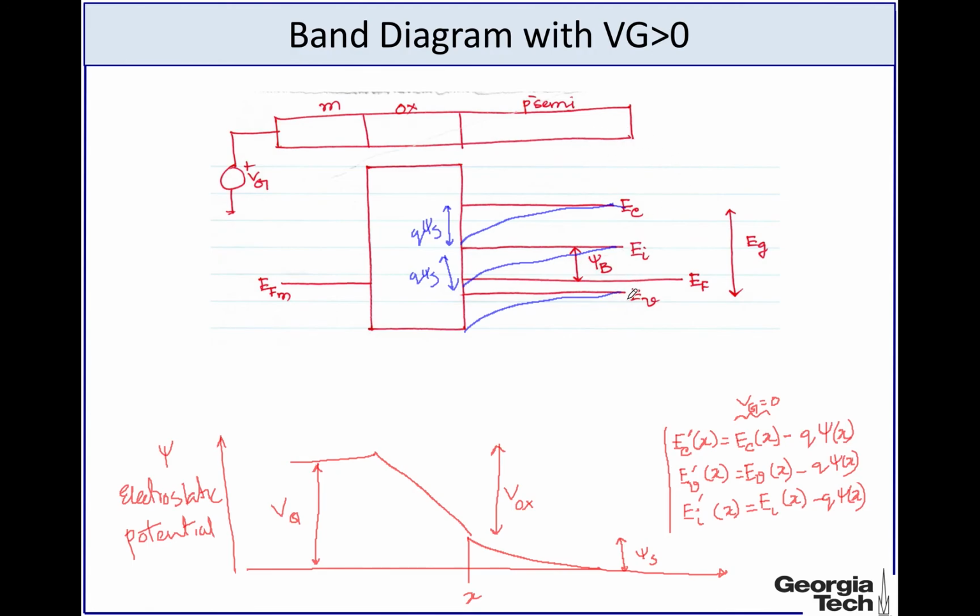Alright, so now what happens in the oxide? In the oxide the same will happen. So it will bend like this, so this value will decrease to this, and this much will be Q psi S, and then this will bend like this, as well as this will bend.